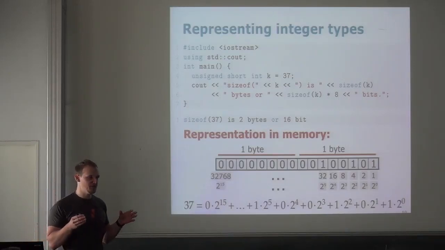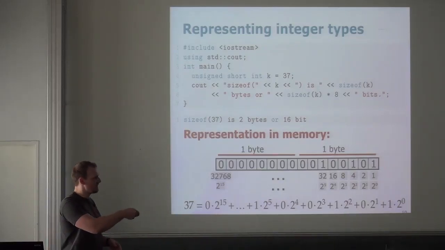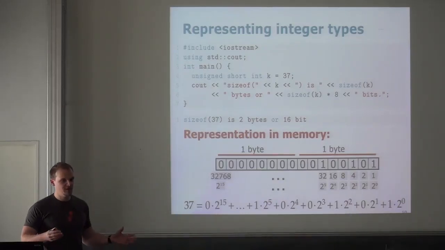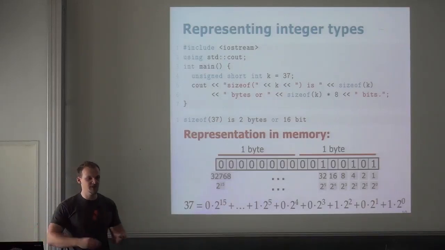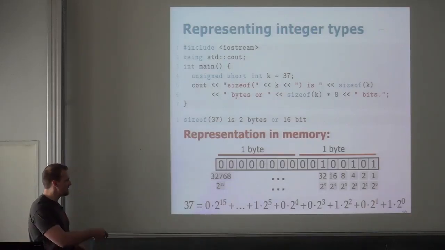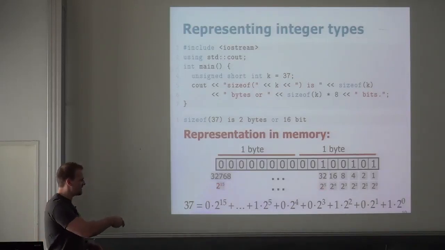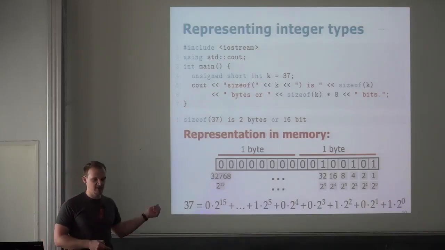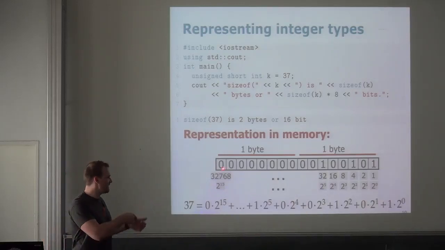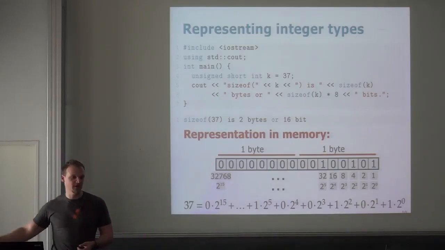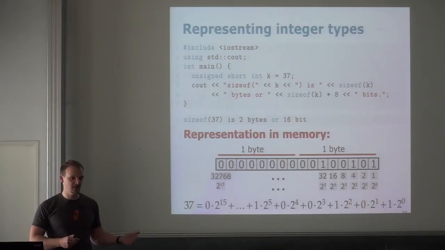And if you are using integer, you would have not 2 bytes of those, but you would have 4 bytes, which would make a number that you can represent much, much bigger because it grows exponentially with the 2 to the power of something, right? So 2 to the power of 15 is the biggest register of this number, but it would be 2 to the power of 31 in the integer case.